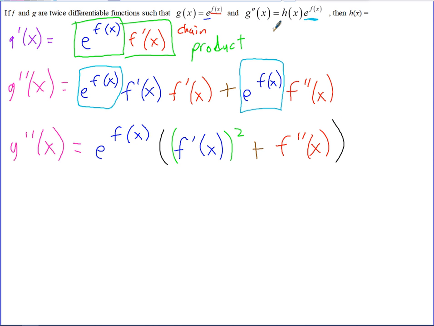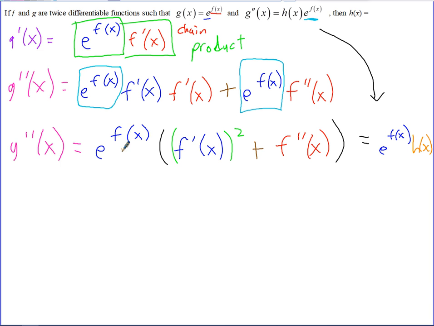So notice we're told g double prime equals, we bring this expression down, we're told it equals, I'll just flip the terms around, but we're told it equals e to the f of x times h of x, what we're looking for.